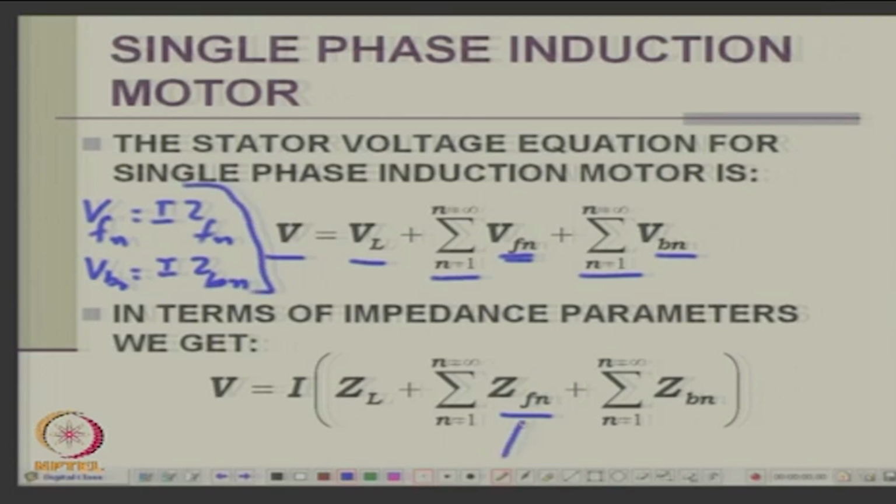So, this ZFN is the net forward impedance, okay, and ZBn is the net backward impedance, which includes the rotor reactions, which includes the rotor resistance, leakage reactance, everything, you know, Zf, Zb. Okay. If you neglect the harmonics, this will be only Zf1 and Zb1. Okay. So, we take all harmonics into account. So, each of the fields will give rise to a voltage.